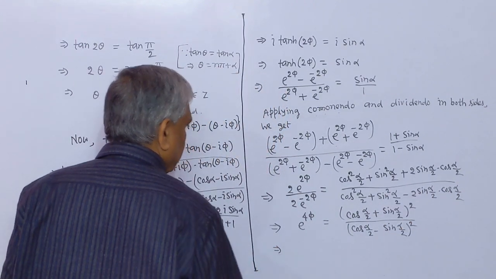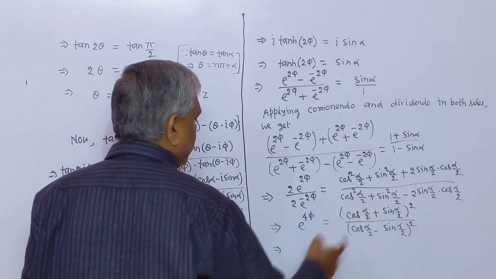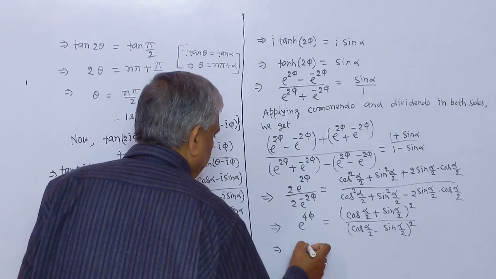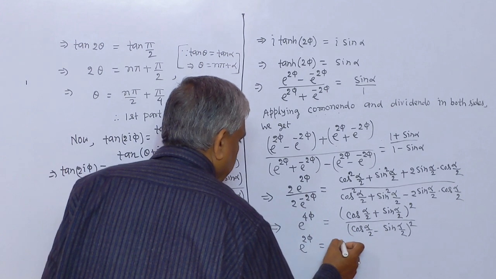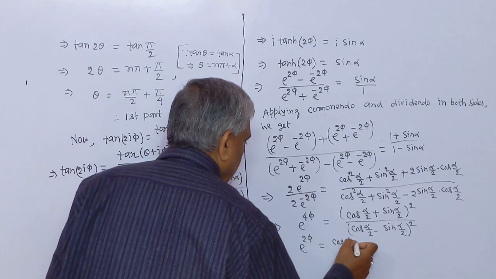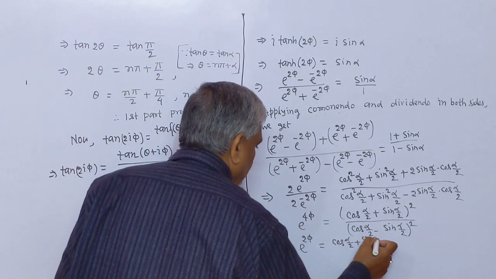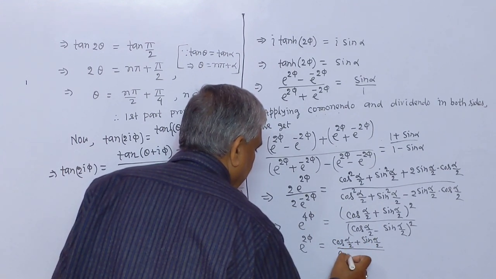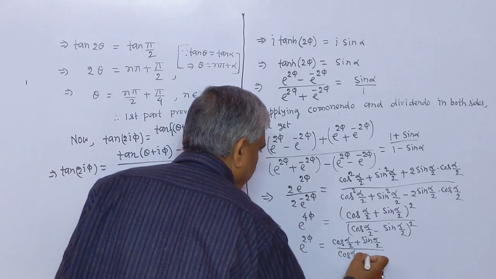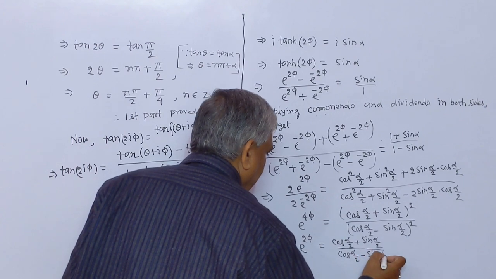Implies that we take square root on both sides: left side e to the power 2 phi, right side (cos alpha by 2 plus sin alpha by 2) by (cos alpha by 2 minus sin alpha by 2).